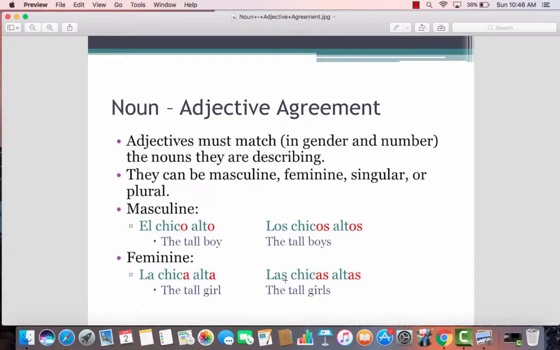Notice that in Spanish we put the noun first and then the adjective. That is the inverse, or backwards, in English. In English you put the adjective first, as you can see here. Well, students, I hope this lecture has helped you to understand noun and gender agreement.